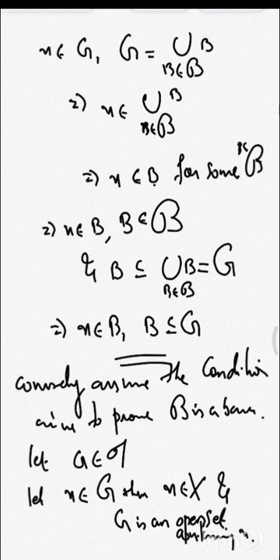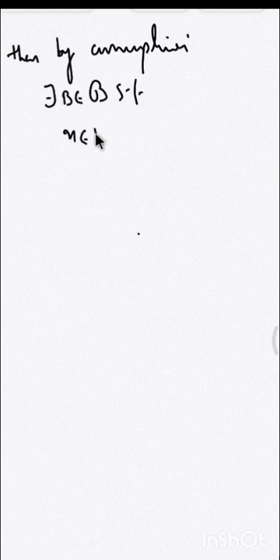Therefore we can apply the condition of the theorem. So then by assumption there exists some b in script B such that x belongs to B and that B is contained in G. By assumption.